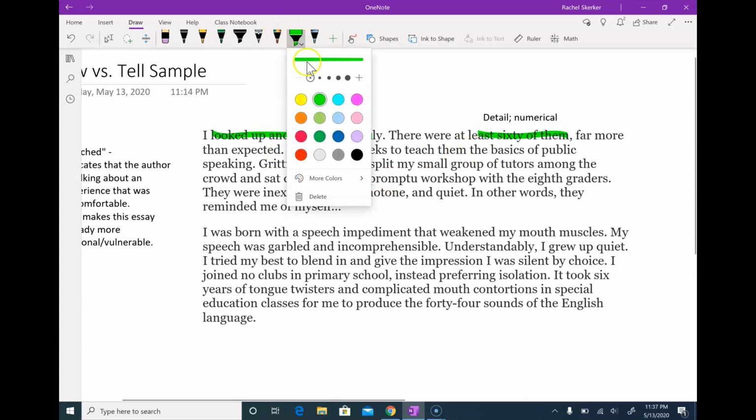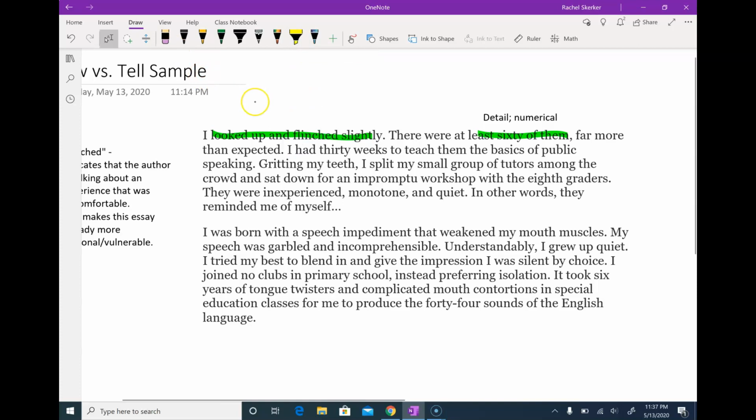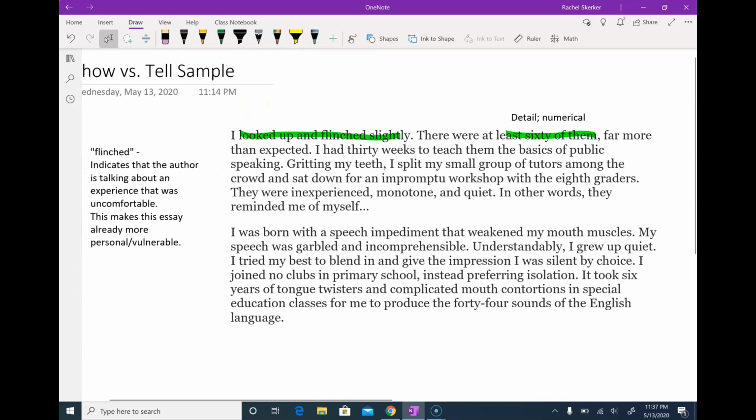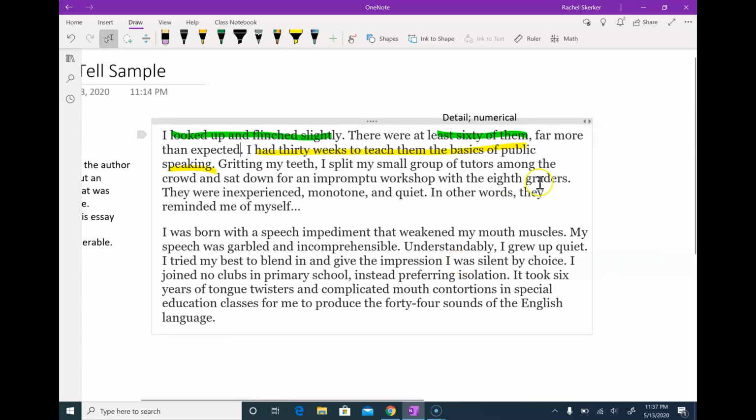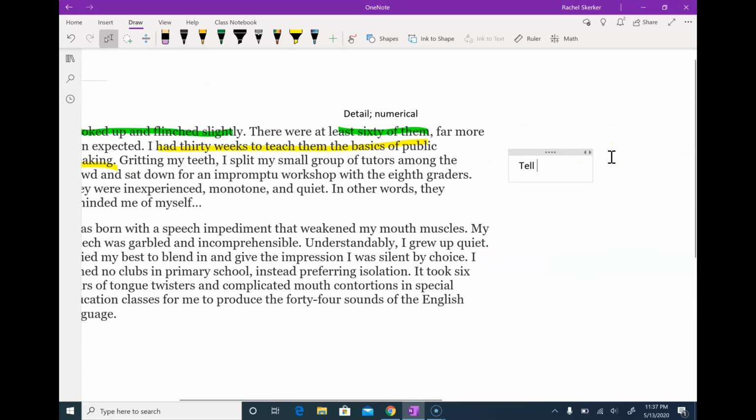So I'm going to go ahead and just highlight this part in yellow. You'll see that in this part, I had 30 weeks to teach them the basics of public speaking. That's actually an element of tell. Sometimes, especially in a college application essay, we are going to need that tell element, and we use it to explain context to our reader.